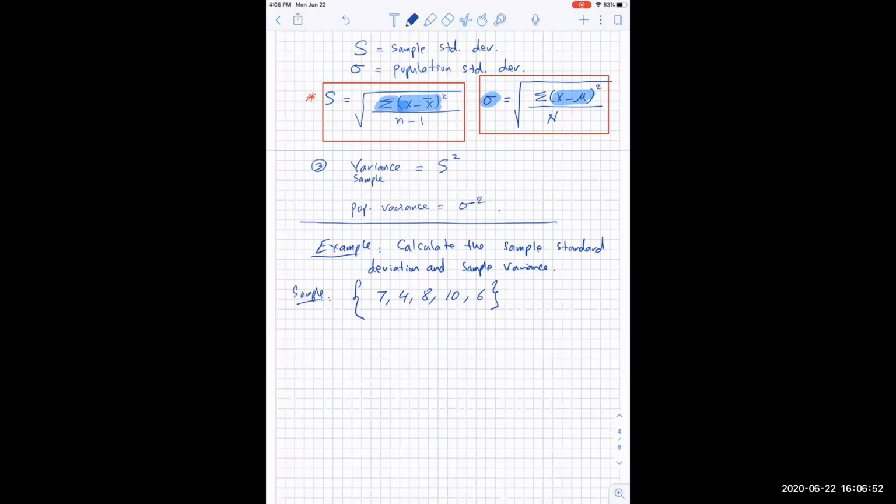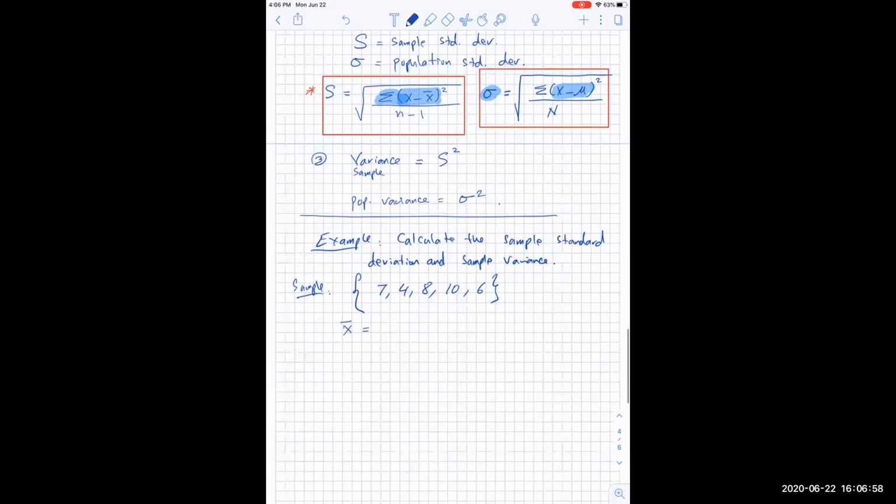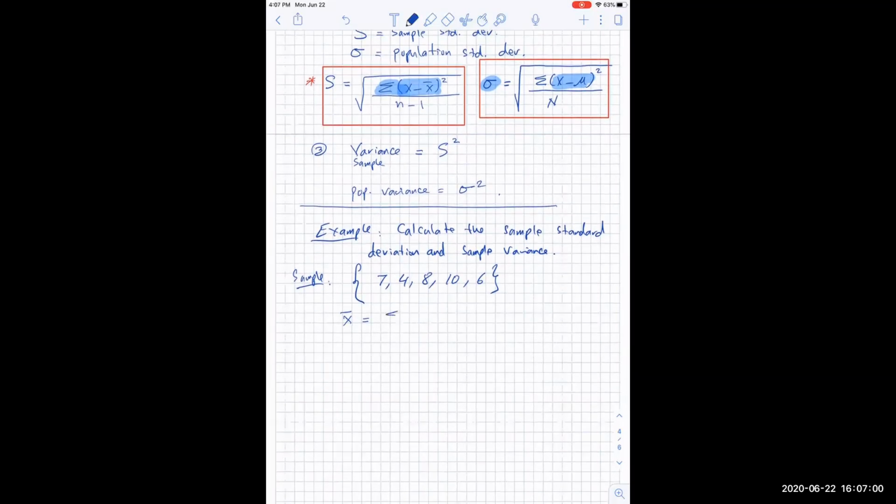So what do I do? First, I need to find the sample mean, X bar, which is the sum of all the X values divided by N. So 7 plus 4 plus 8, 10, 6, and then divide by 5.